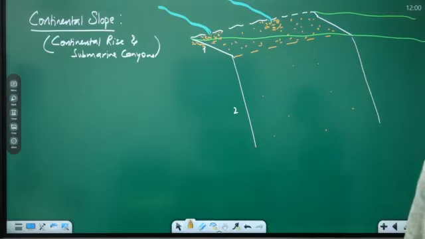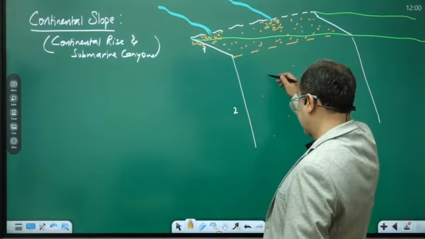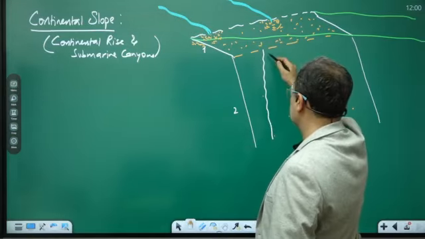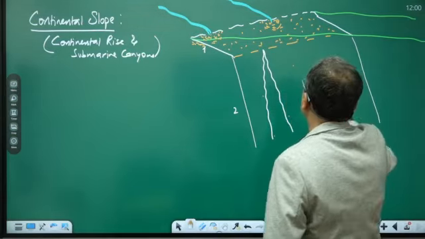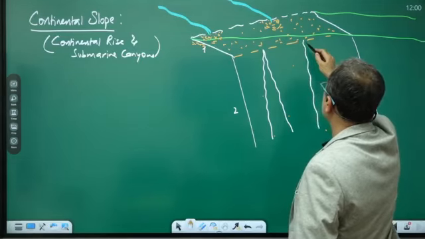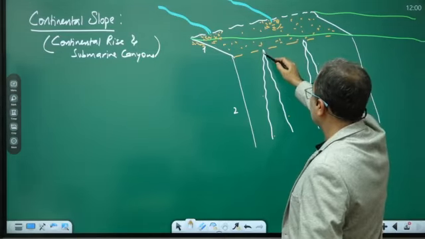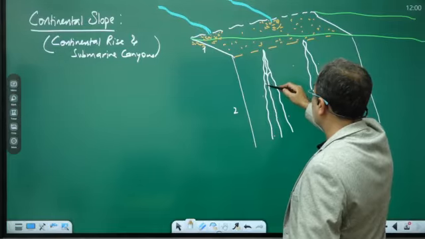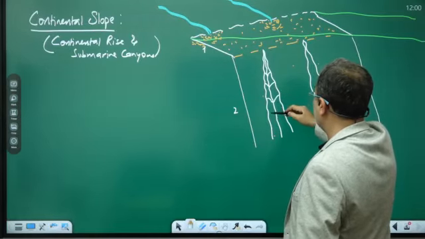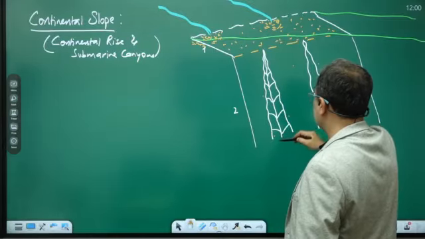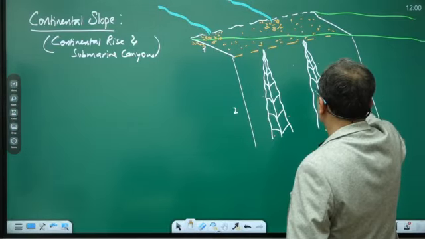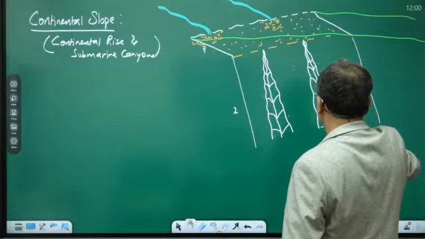Is everyone okay? Now, I have to show you an interesting thing. Scientists found strange features. They found such deep valleys, such deep furrows, gullies on the continental slope.